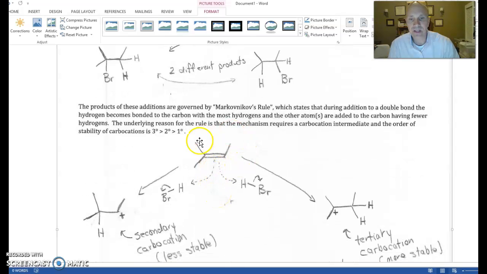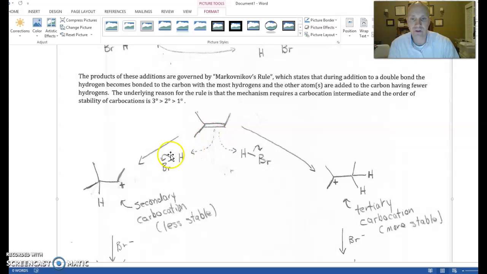All right, so let's take this starting material right here. We're going to consider the two different situations. All right, and over here, we're going to say that the hydrogen is going to get added to this carbon. Over here, we're going to say that the hydrogen gets added to this carbon right here.